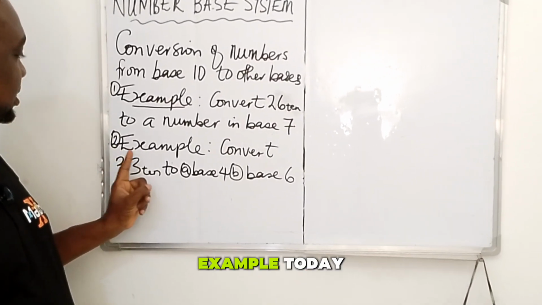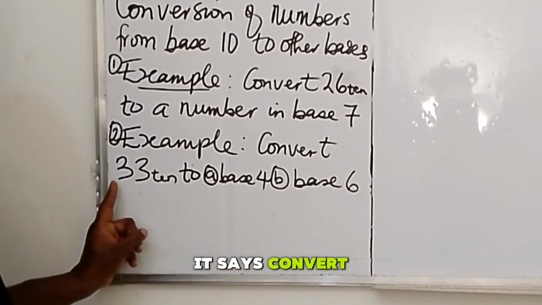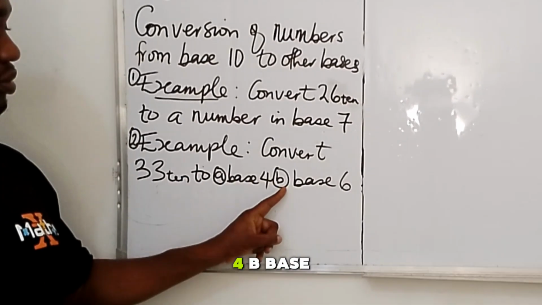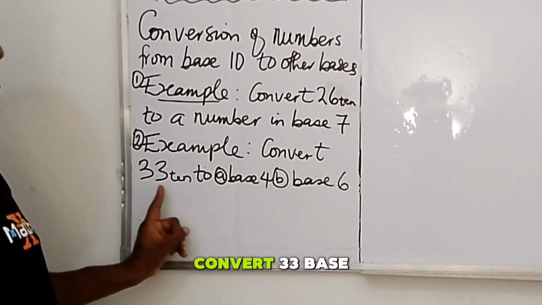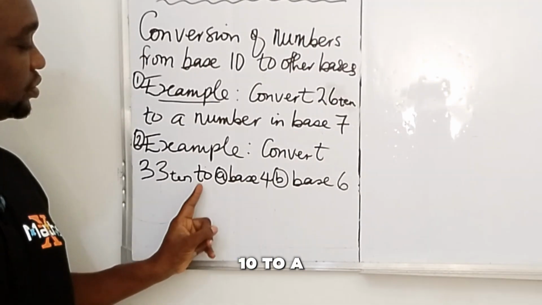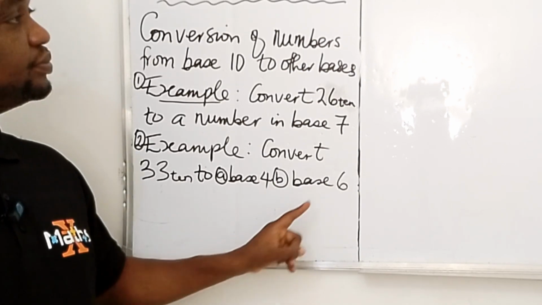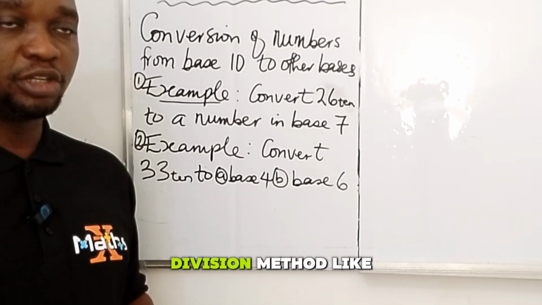For our second example today, it says convert 33 base 10 to A, base 4, B, base 6. I'll take it again. Convert 33 base 10 to A, base 4 and B, base 6. So here we go. We're still going to be using our continuous division method.